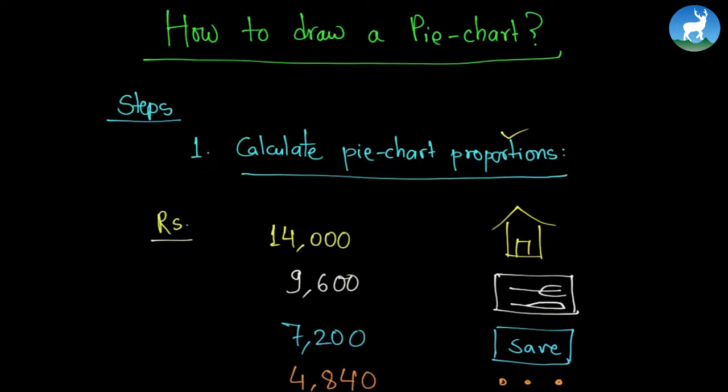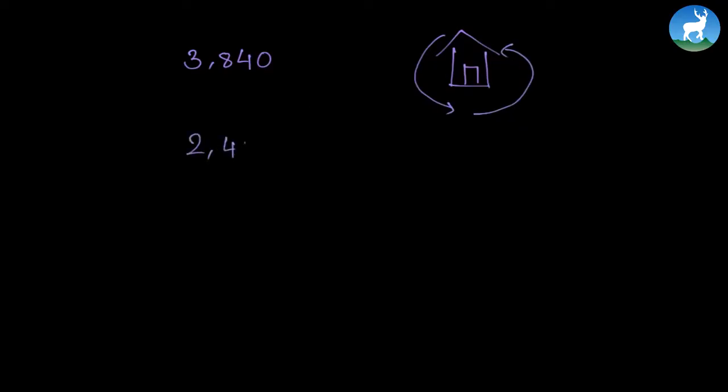After that, let us assume that 3,840 rupees is gone in your transportation. You come out of your house, you go around, so this is what we call transportation. Let us also assume that 2,400 rupees is gone in your credit and debit expenses. This is your credit card.